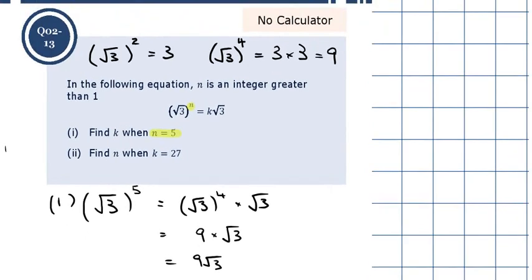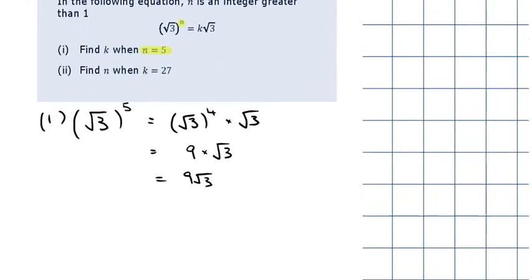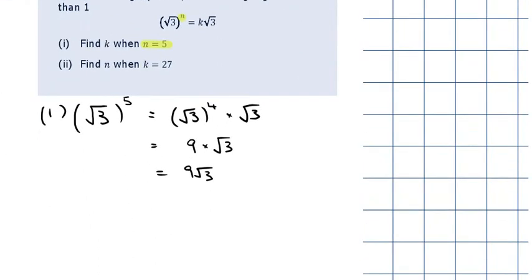Now let's go to part 2, which is a little bit trickier. It's asking me, what is n when k is 27? Now this one is a bit trickier, so let's have a think.